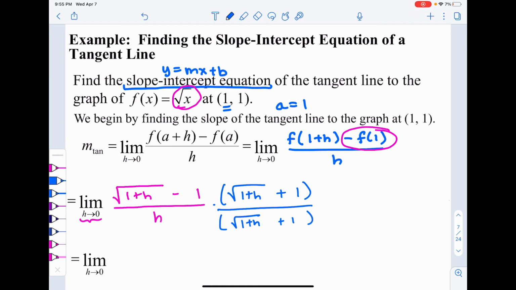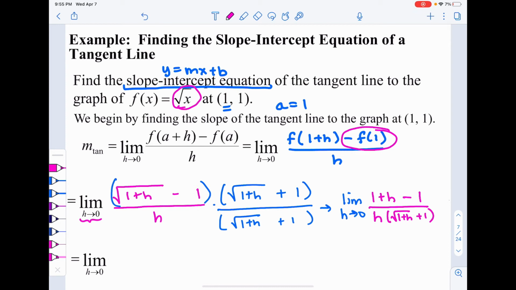So let's see what happens here. We still have our limit as h approaches 0. Now, if we were to go ahead and multiply out that top, we end up with a 1 plus h, and then we have a minus 1. And on the bottom, I'm just going to leave this as that h times this ugly mess for now, because my hope is always that I can simplify this h from the bottom with something on the top.